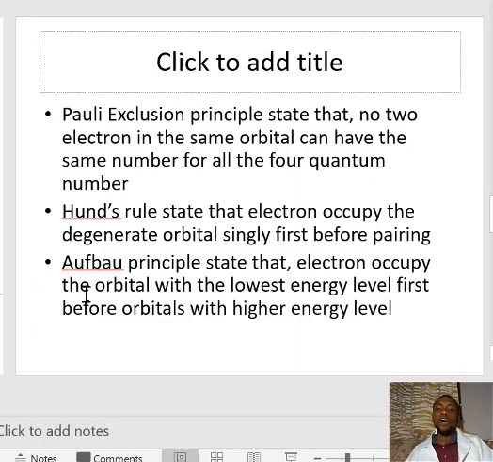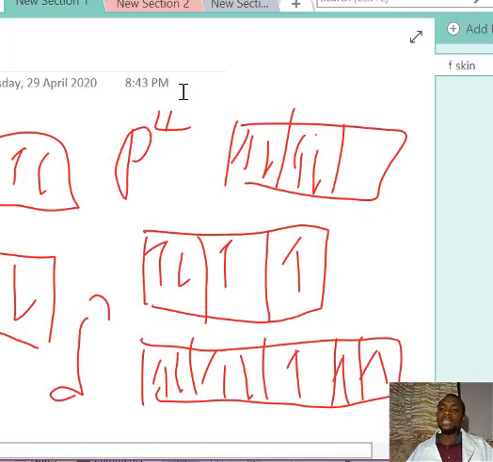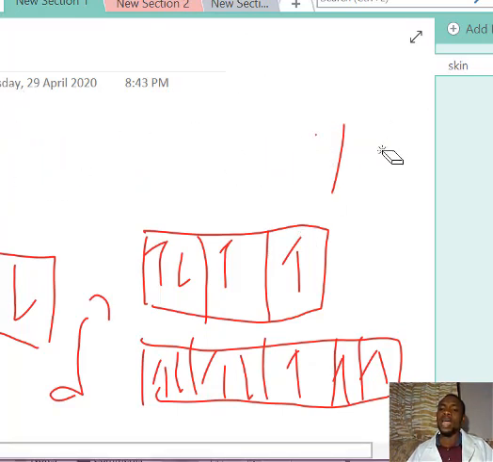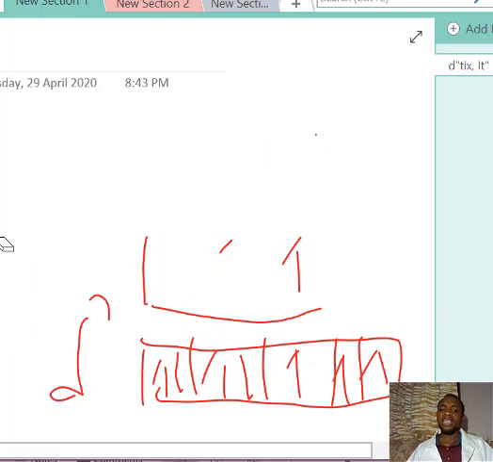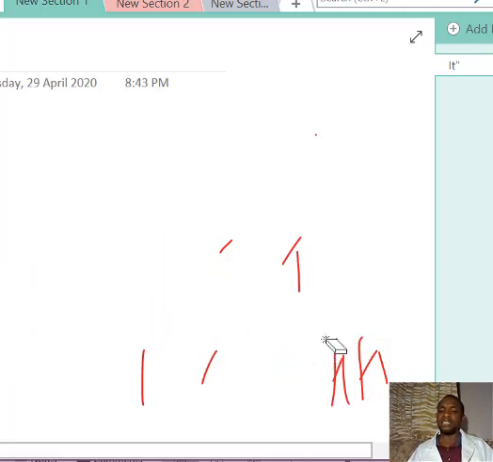Another rule is the Aufbau principle, which states that electrons occupy the orbitals with the lowest energy level first, before orbitals with higher energy level. We have different orbitals: 1s, 2s, 2p, 3s, 3p, 3d, and the rest.